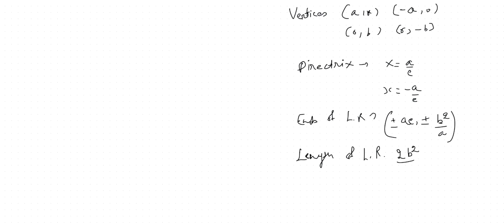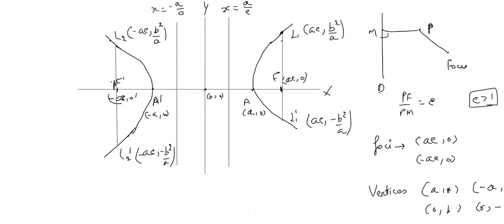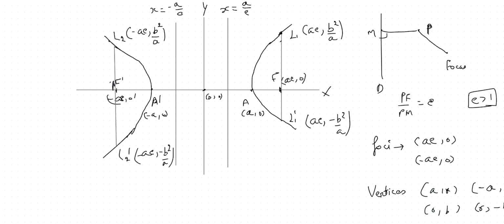So these are all the basic concepts. When it comes to hyperbola, there is one more thing that we have to study. It is called asymptote of hyperbola. So what are asymptotes? It is a line which will be tangent to hyperbola at infinity.